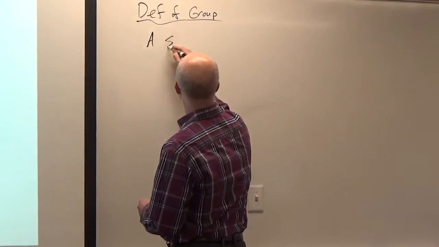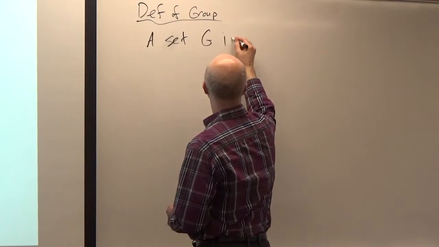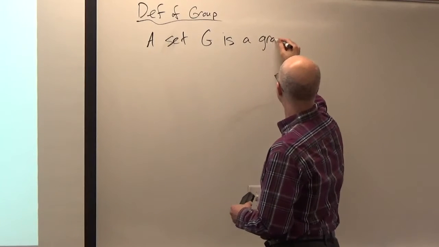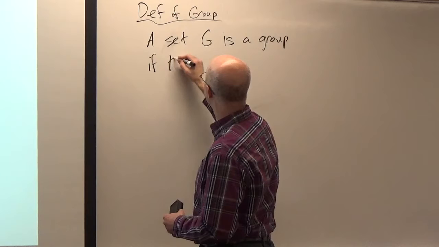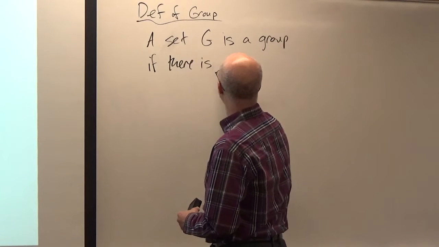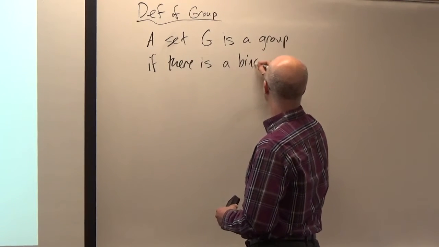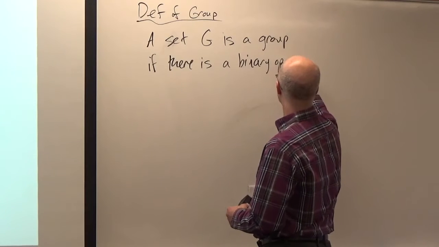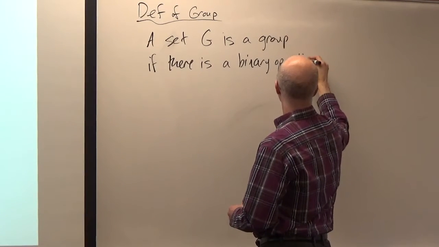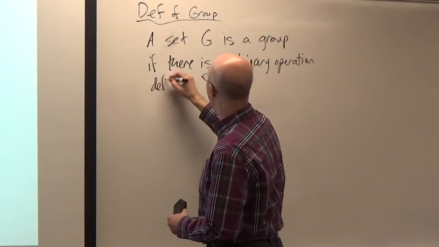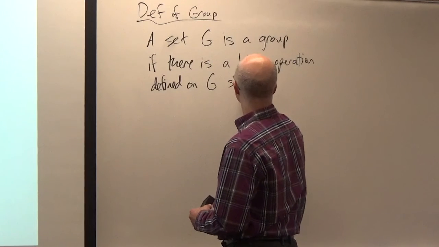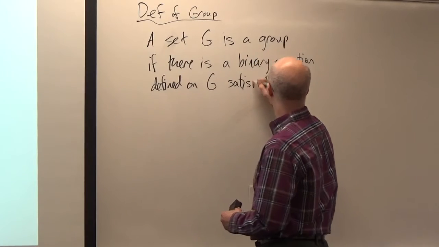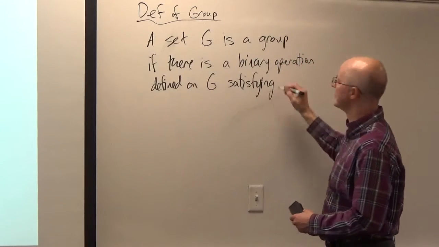A set G is a group if there is a binary operation defined on G satisfying certain properties.